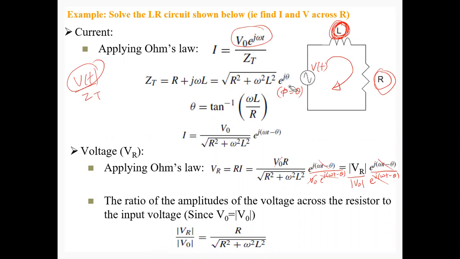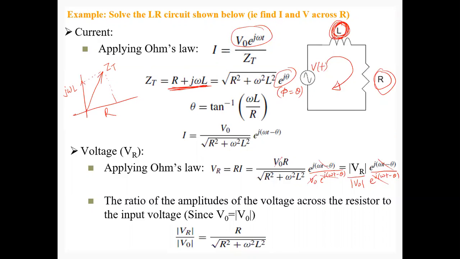Where does this theta come from? It comes from this G(t), the complex value. The real part is R, and the imaginary part is j omega L.